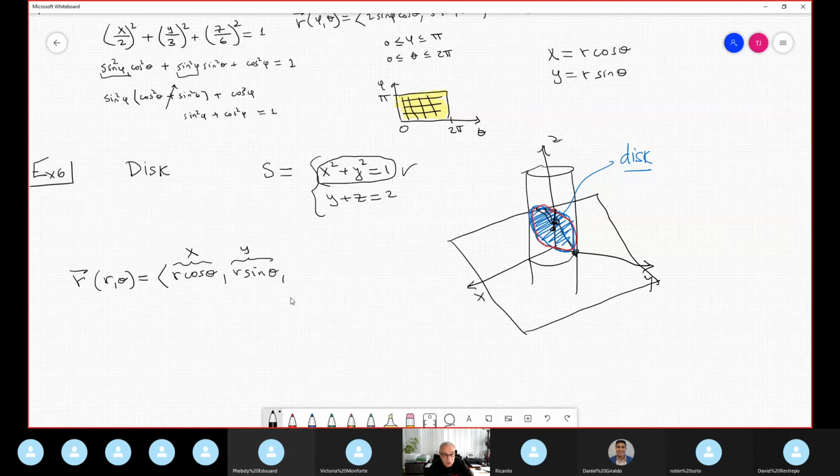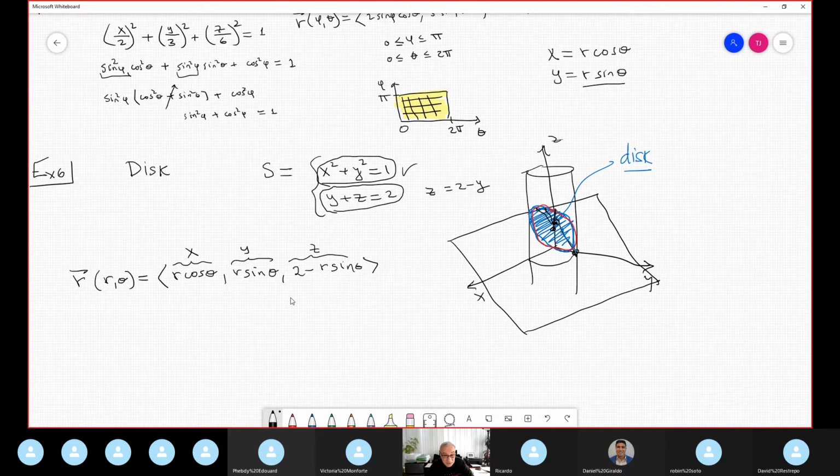And the z component, I get from this equation. From the relationship y plus z equals 2, you isolate z: it is 2 minus y. And who is y? Well, y is r sine theta. So the z formula is 2 minus r sine theta, and close the parenthesis. This is the z component of the parameterization of the surface.